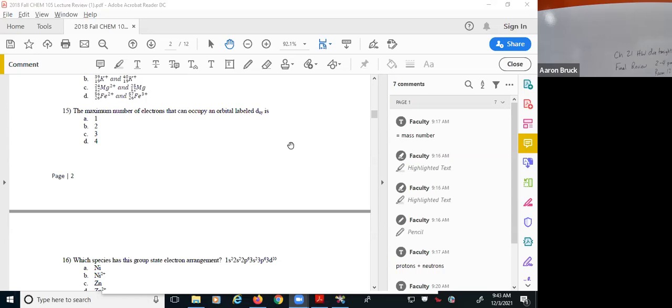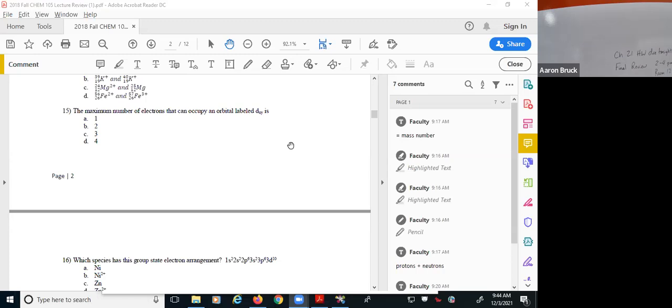How many electrons can fit in the dxy orbital? Okay. Don't let the label confuse you here. It doesn't matter what the label would be. The answer would always be 2. Yeah. Maximum number of electrons in any orbital is 2.